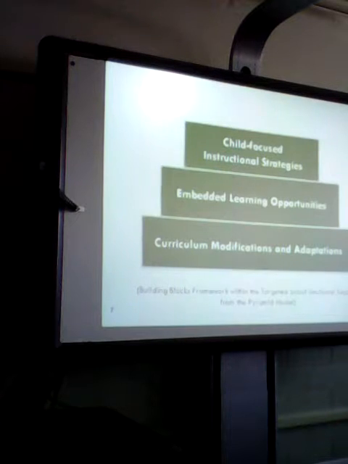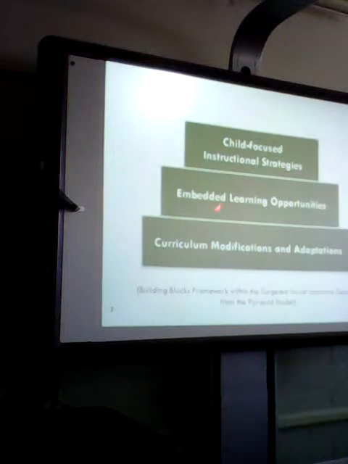So these three are tiers within level 2 of the pyramid. And these are from the building blocks framework. Within level 2 of the pyramid, we're going to have curriculum modifications and adaptations.